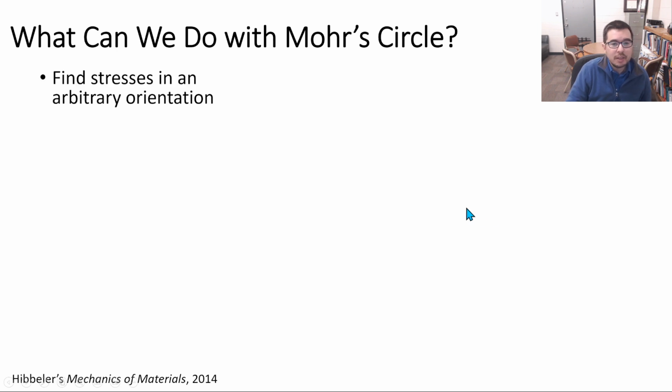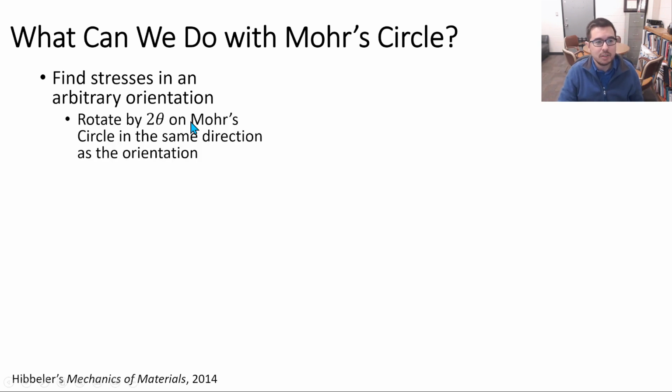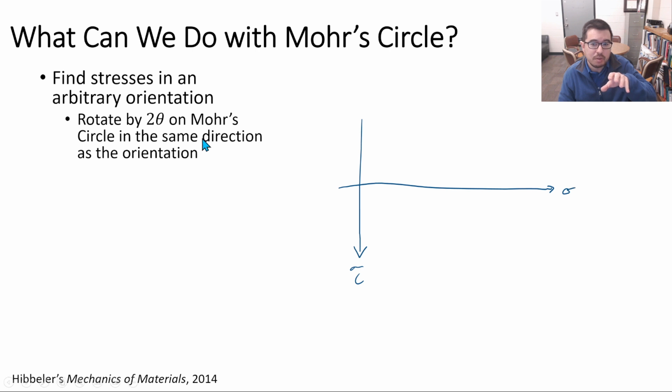One thing that we can do is find stresses in an arbitrary orientation. When we're talking about that, we're talking about rotating this material element. So we can rotate by 2 theta on Mohr's circle in the same direction as the orientation. This rotation of 2 theta on Mohr's circle actually corresponds to rotating a material element just by theta.